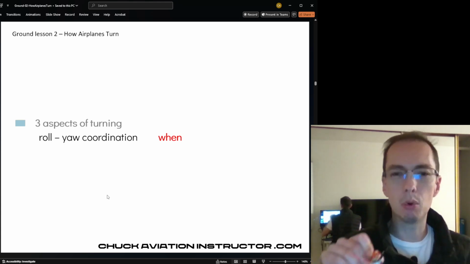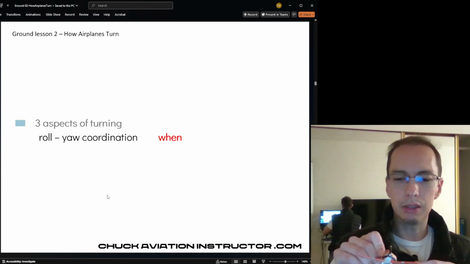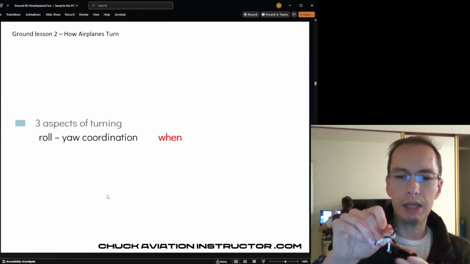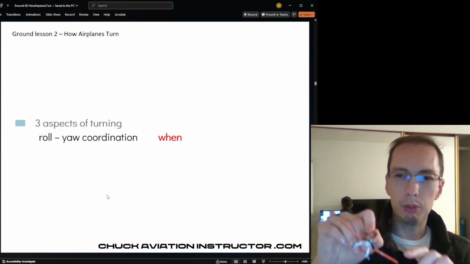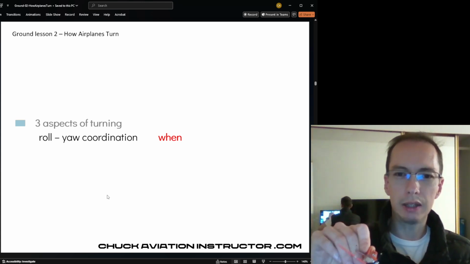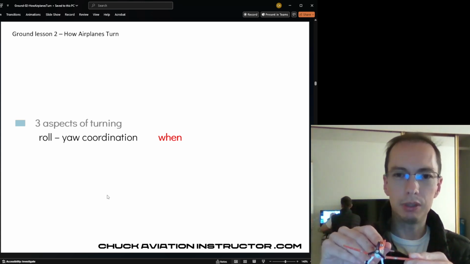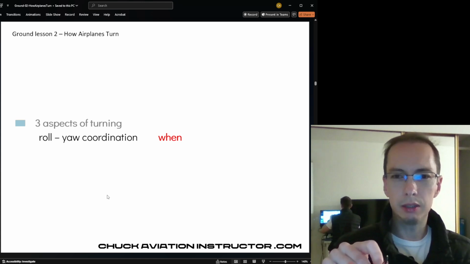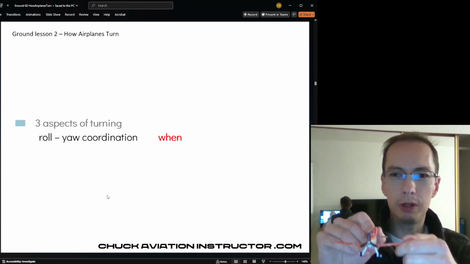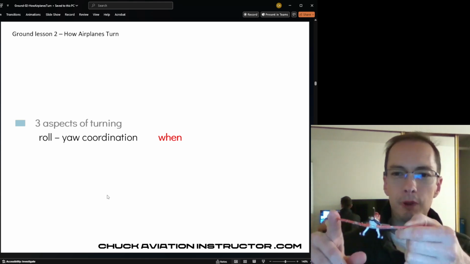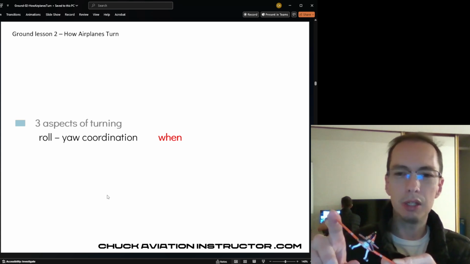I would say even more so during roll out, because when you're lowering the aileron in the wing that is already low, you're generating much more drag opposite to your rollout than the drag you were generating when you first rolled into the turn out of wings level. Rolling from wings level doesn't generate as much adverse yaw.